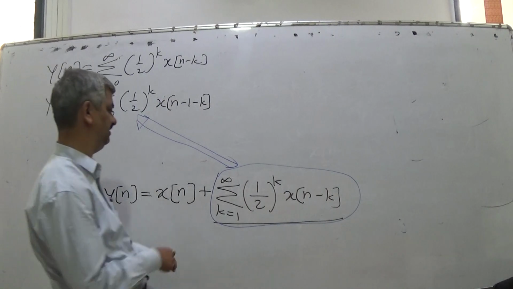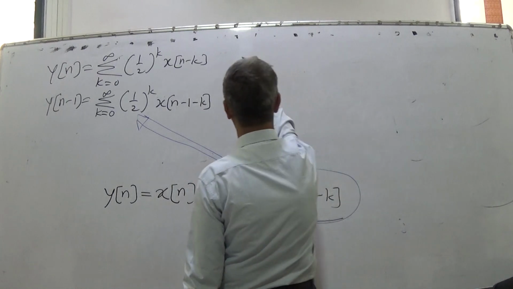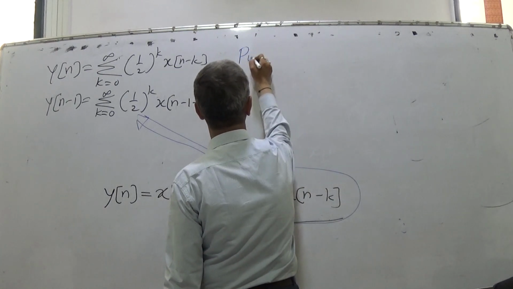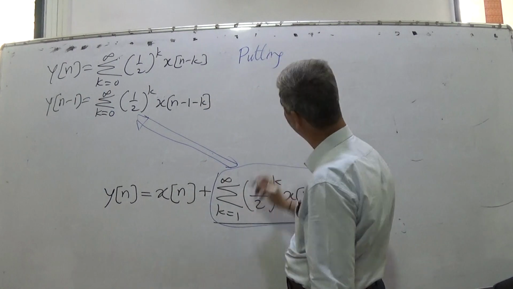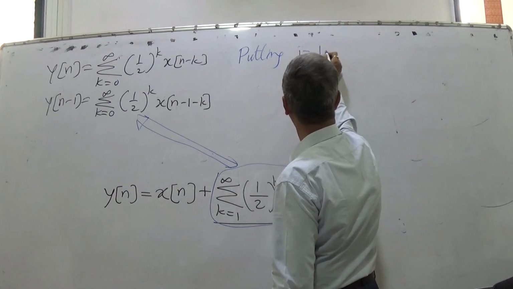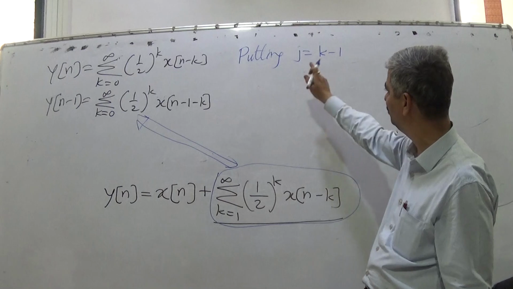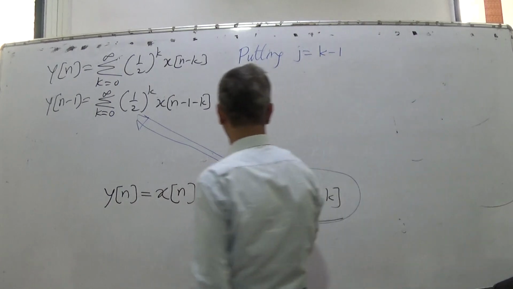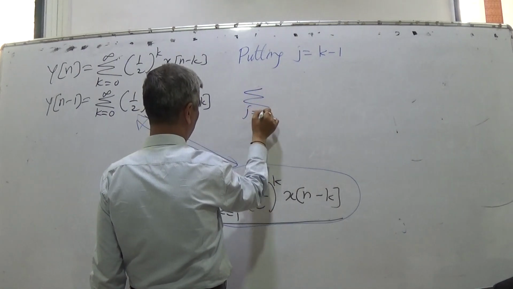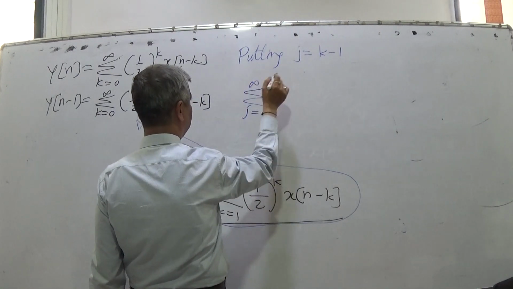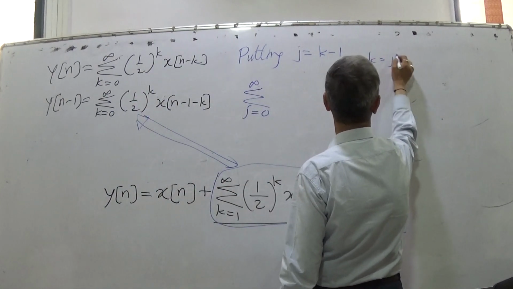So I will replace the index here, putting j equal to k minus 1. What does this expression become? Summation j equal to 0 to infinity. J is k minus 1, so k is j plus 1.